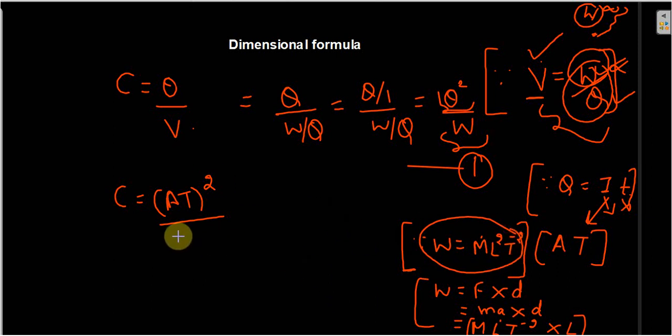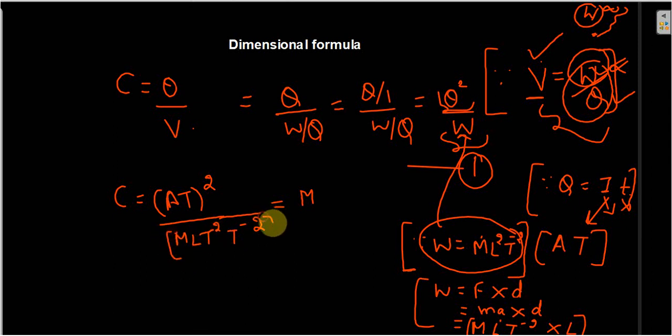So now I am going to substitute the dimension formula of W in equation 1 here. So what is the value of W? That is M L square T minus 2. Now substitute all the values. After substituting all the values, solve it. So you will get M, we have here M L T square.